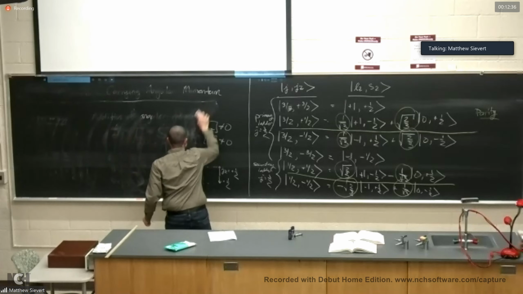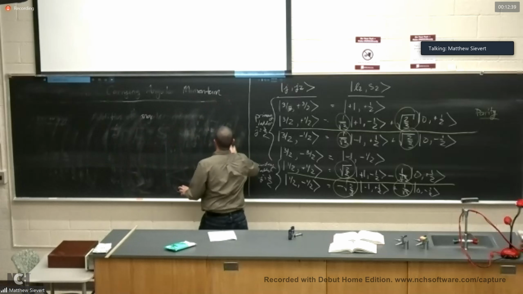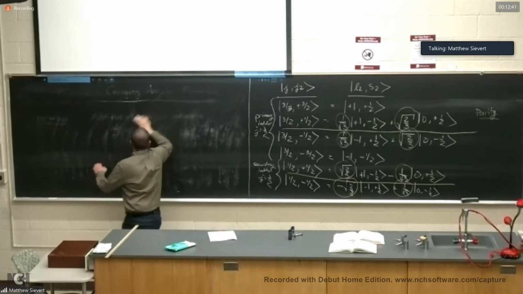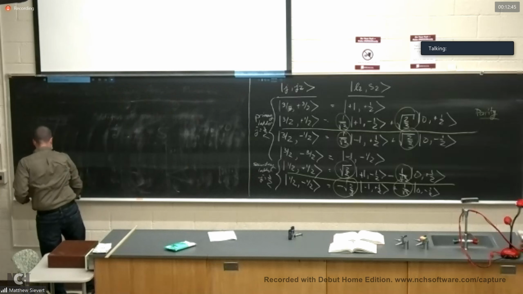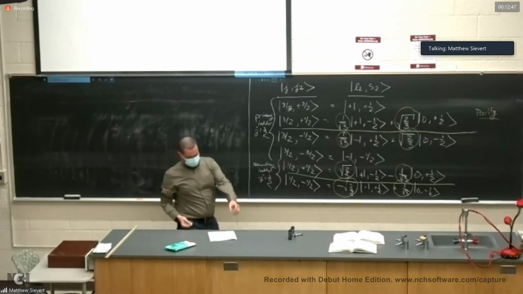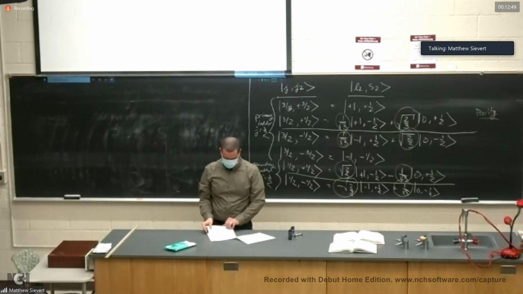So to close out this example, it's useful to assemble these coefficients into a matrix. The coefficients are called the Clebsch-Gordan coefficients.